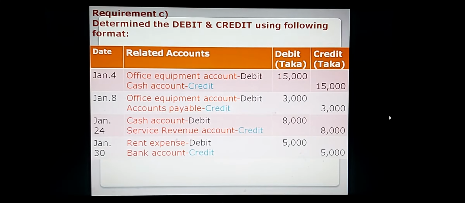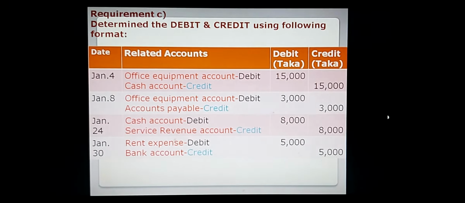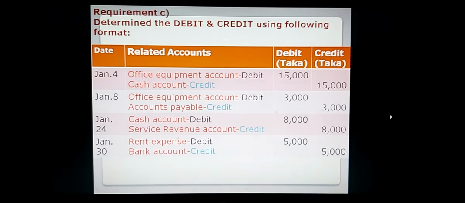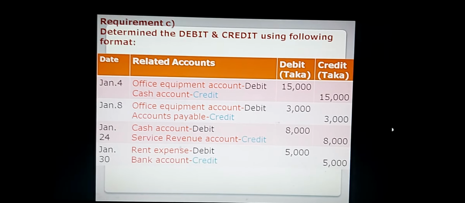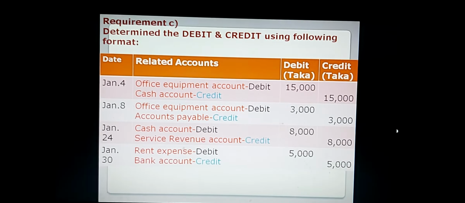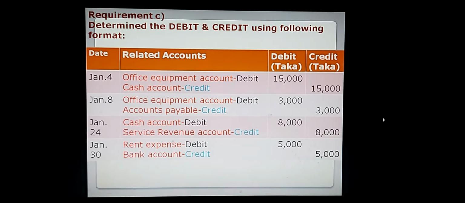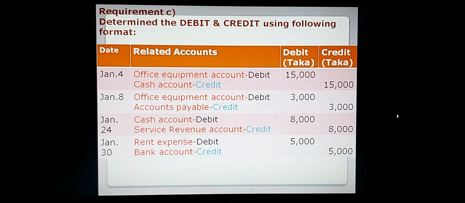Received amount for what? Service provided. So service provided, that is the service revenue account, that is the income account or revenue account. You know that when income or revenue increases, the respective revenue is credit. So we can write cash account is debit, service revenue account is credit.